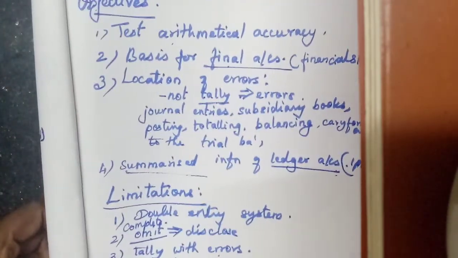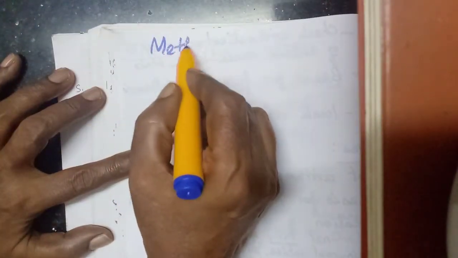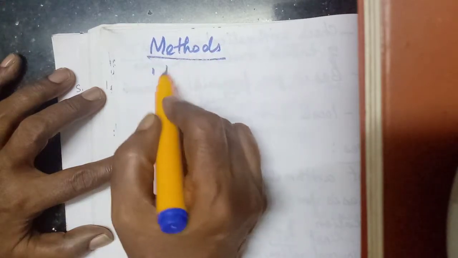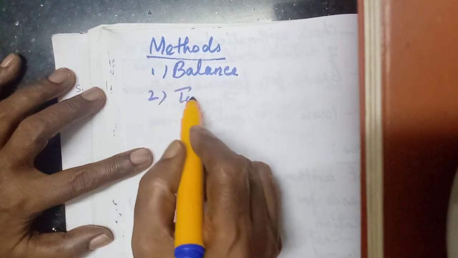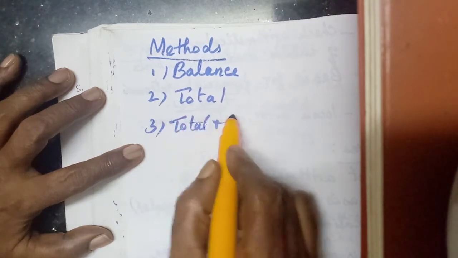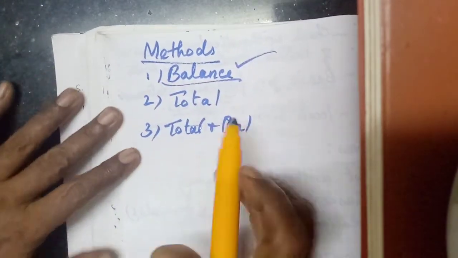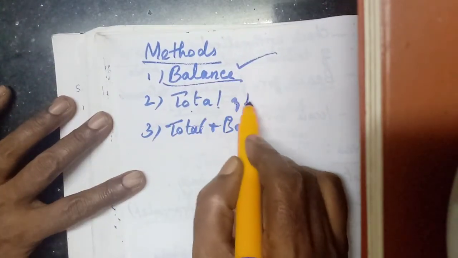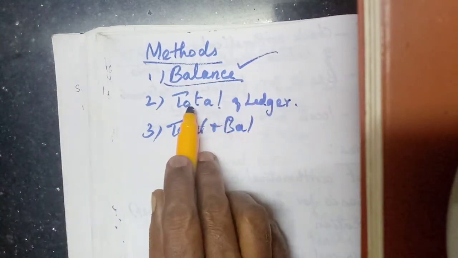Now, there are 3 methods available, but we follow only one method. One is the balance method, another one is the total method, and another one is the total and balance method. In the total method, the total of the ledger account will be entered: the debit side total and the credit side total.